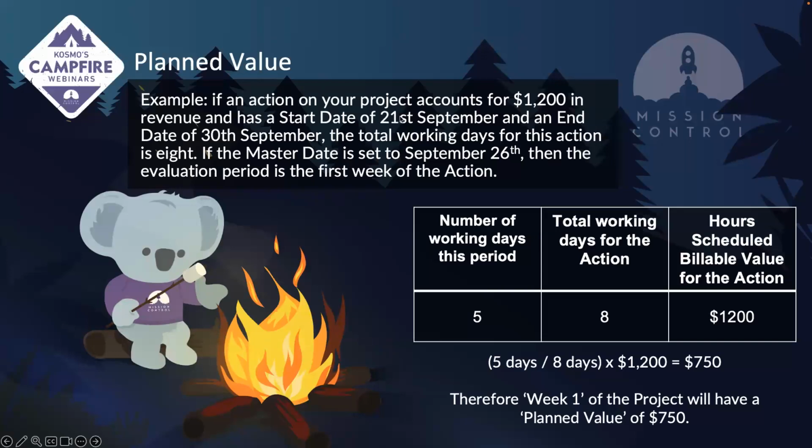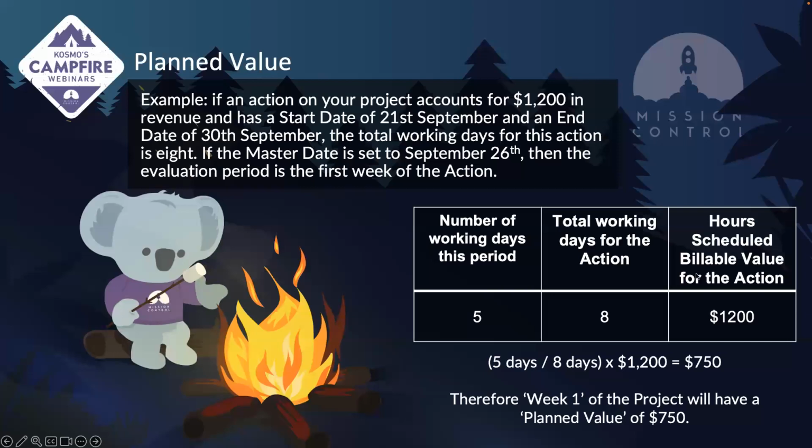So of course, this depends on if it starts on Monday or Tuesday or whatever. So in this calculation, I have a total number of 5 working days, or Monday through Friday is what I'm assuming. And then the total working days for the action is 8. So we're evaluating the first week of the action, which is the 5 working days. And then the total action is 8 working days.